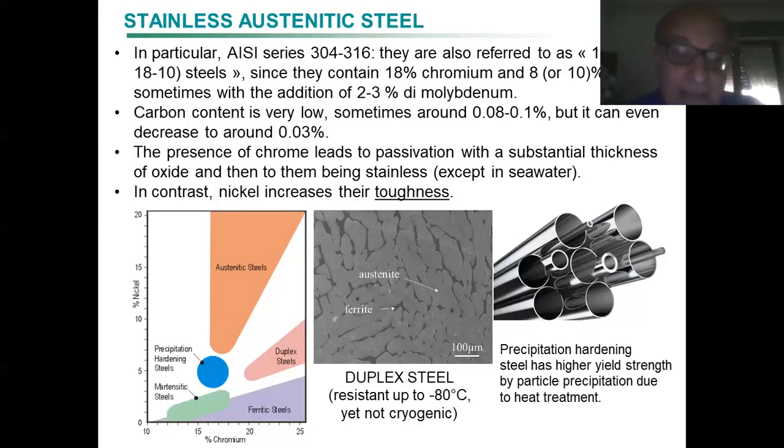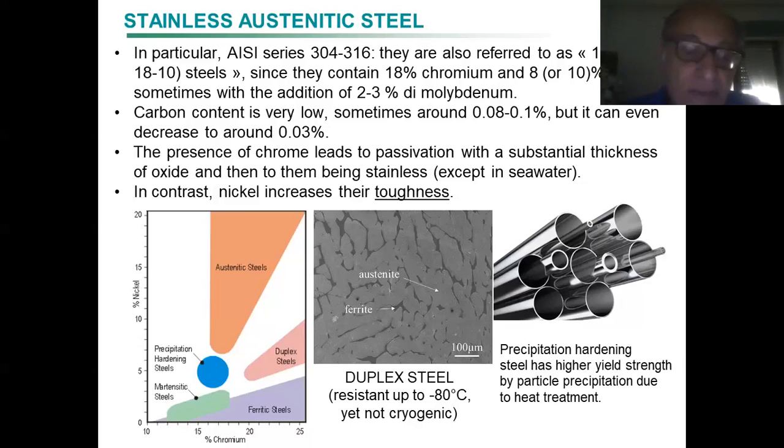Then you can have a category which is that of duplex steels, which have a considerable amount of chromium, more than 18%. Duplex steel starts at 18%, roughly, and they include even nickel, and in practical terms, they are used for low temperature resistance, because they tend to compensate the two effects.